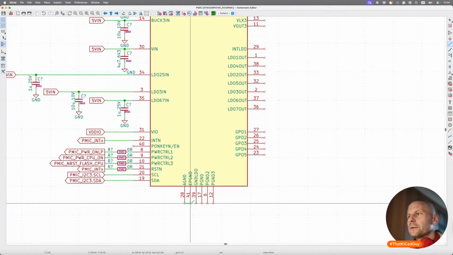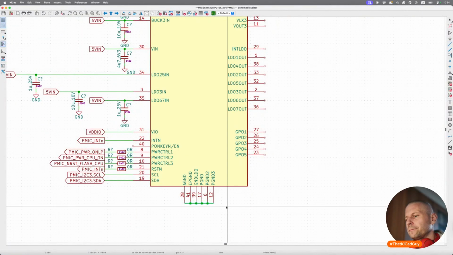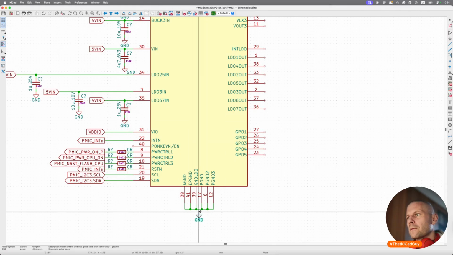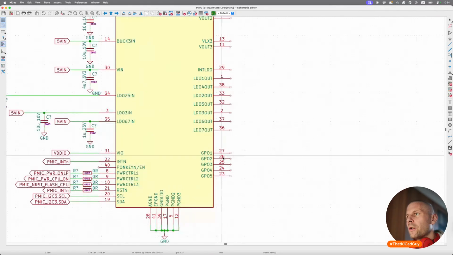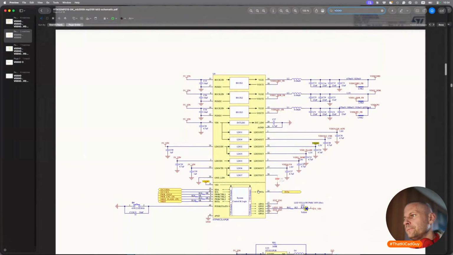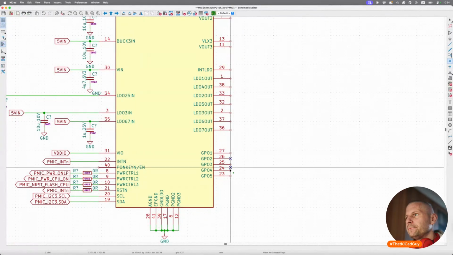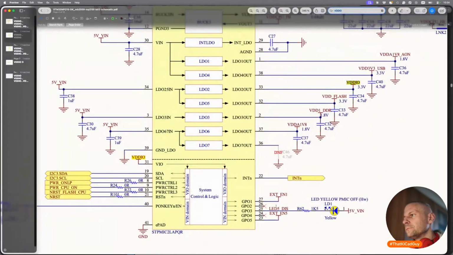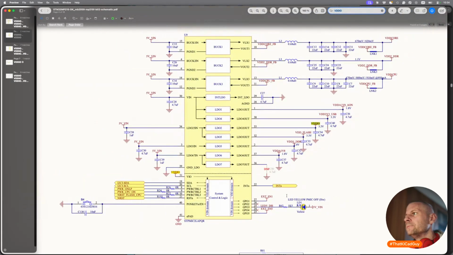Here are the grounds. GP 1, 2, 3, 4, 5. 2 and 4 are unconnected. XN is what?